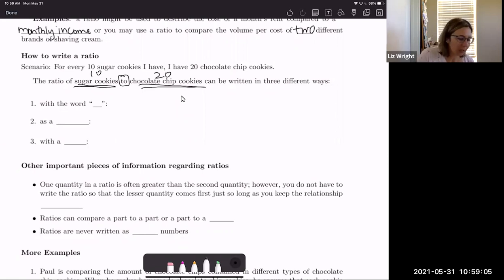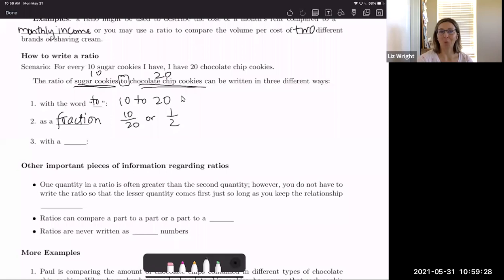So one, we can just use the word to. We can say it's a 10 to 20 ratio. We can write it as a fraction. This is how we most often do it in this class. So it's a 10 to 20 relationship, or if we simplified it, it'd be a 1 to 2 relationship.